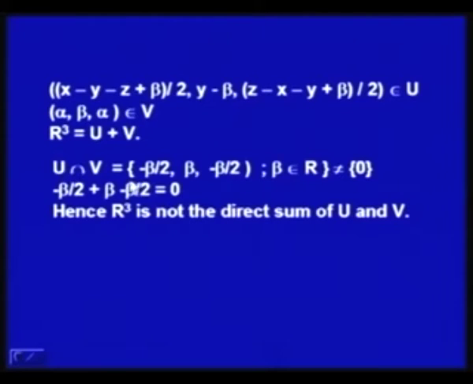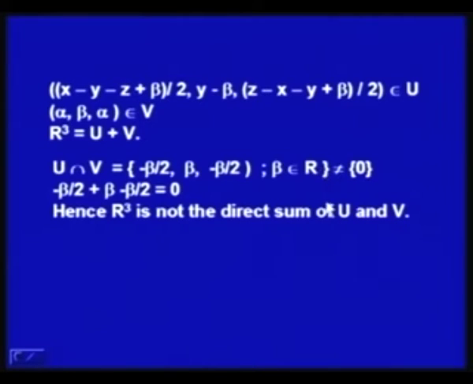Because it has to satisfy two constraints, the first and last components equal, and the sum of the components equal to 0, U intersection V is not the singleton 0. So, hence R cube is not the direct sum of U and V.